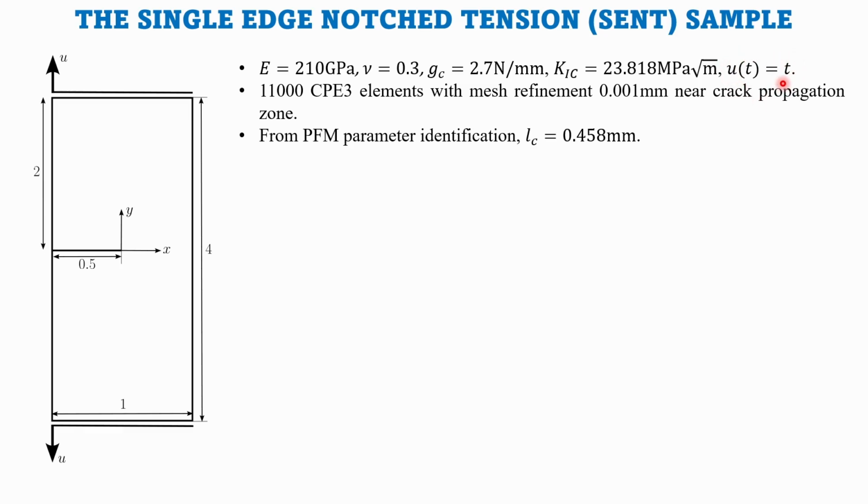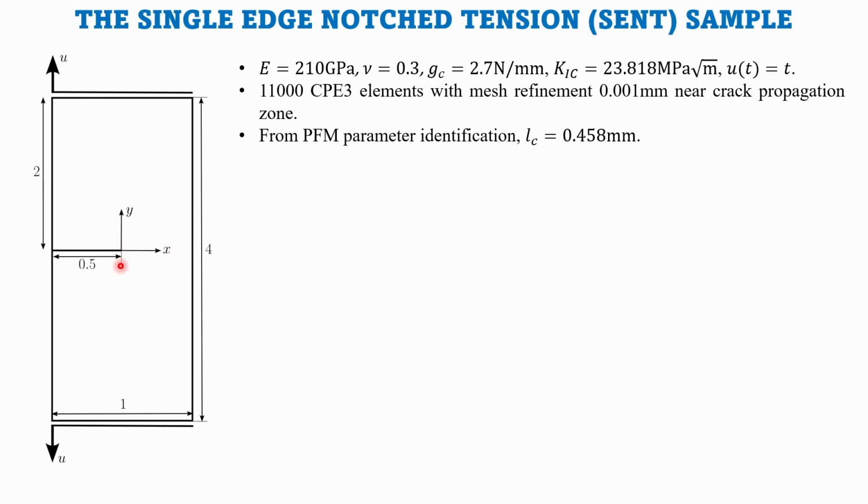We apply a linearly increasing displacement. We did this simulation using 11,000 CPS3 finite elements with a mesh refinement of 0.001 millimeter near the crack propagation zone. We knew that the crack propagation zone is almost here, so the crack will essentially travel straight.